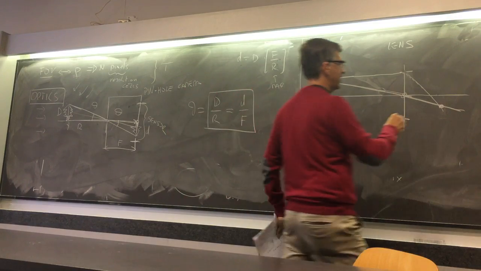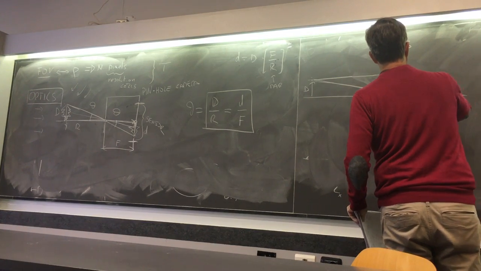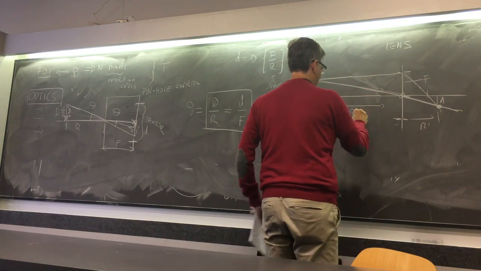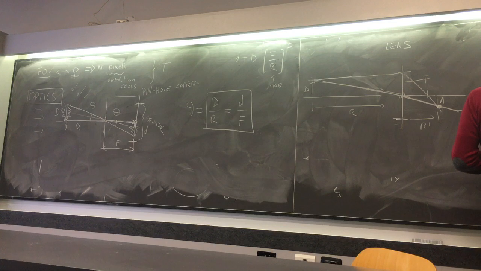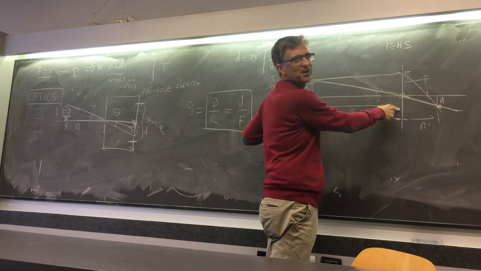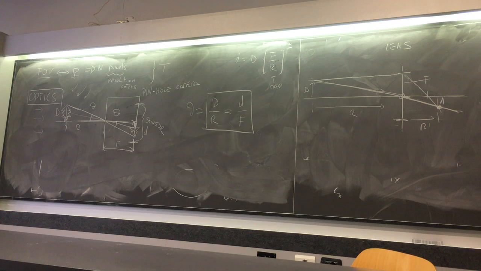So if you write here, you are very close to the focus. If you write the relationship, the focus is this. This distance you call r first. This distance you call r. Then you can write a relation for the lens that is 1 over r plus 1 over r first is the inverse of the focus. This is the most important relation of it. And in this case, r is big, so it's a kilometer, and r first is usually centimeters. So r is much bigger than r first.